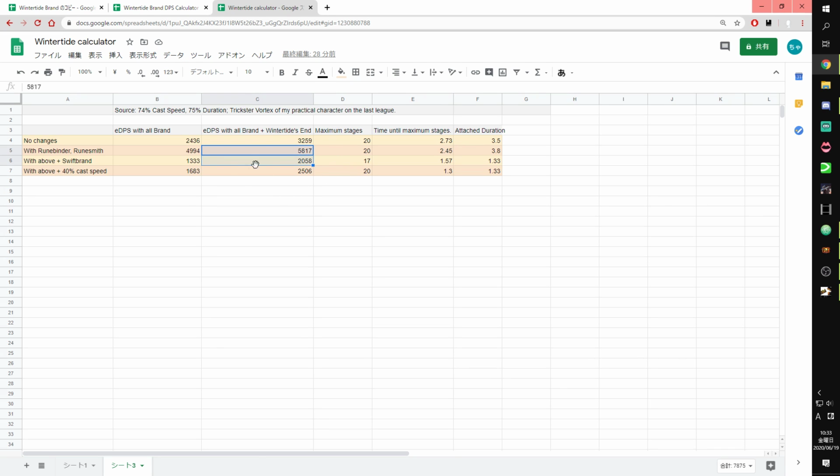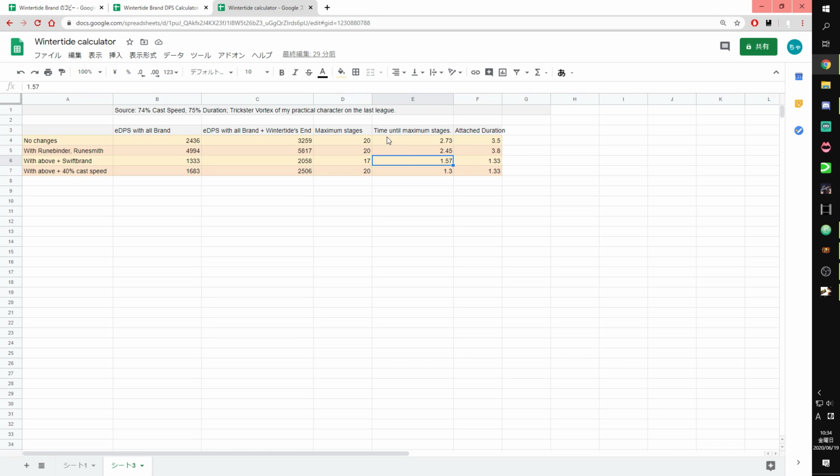This is a tragic gem, I think. The maximum stage is 17, and it can't be reached. Attached duration is 1.3.